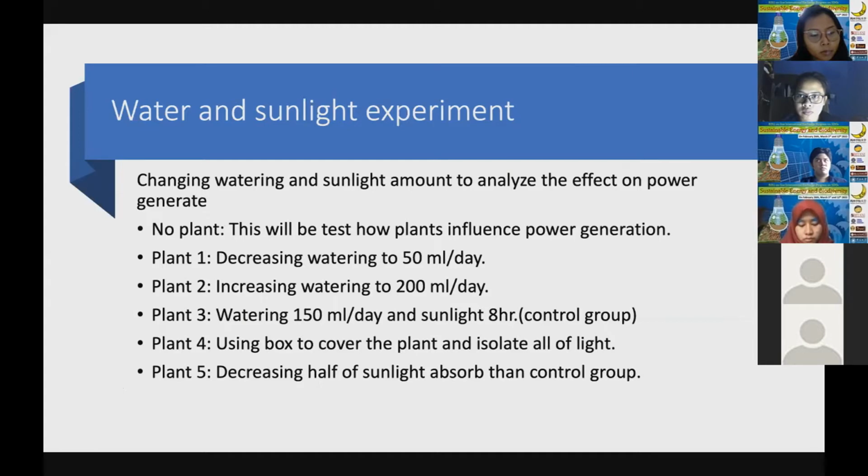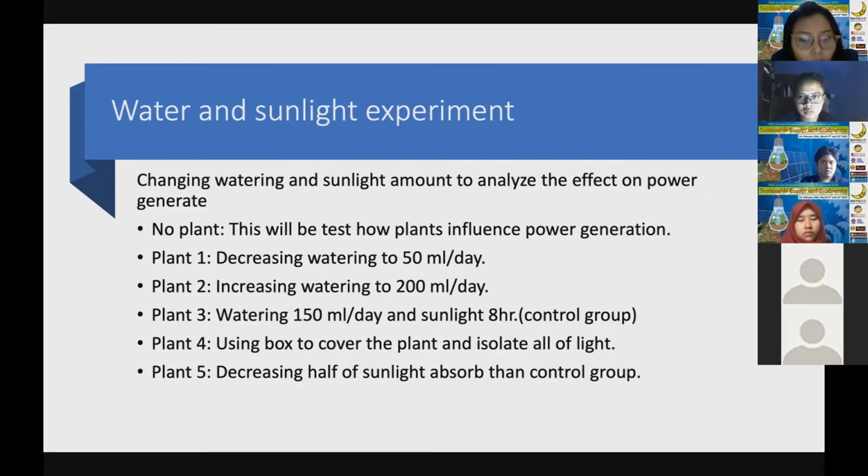From here, I will talk about my research experiments and their purpose. The first session tests different watering and sunlight amounts. These are the two important factors affecting photosynthesis and PFC electricity generation. Here we can see I have five experimental parts and one control part.